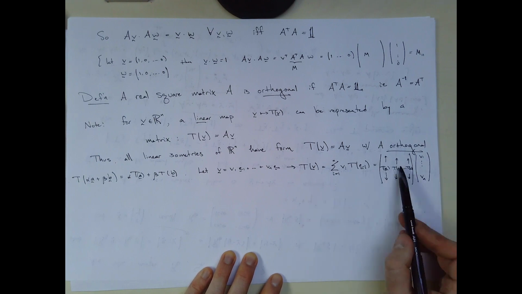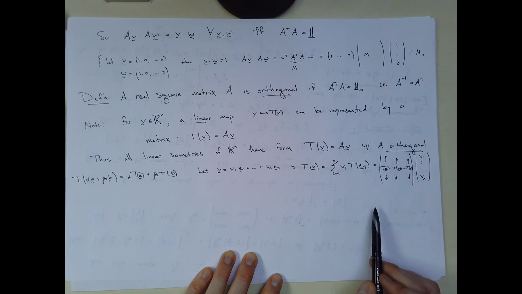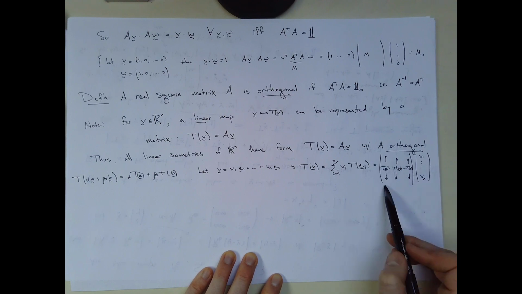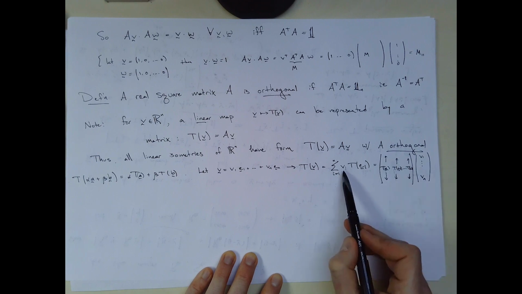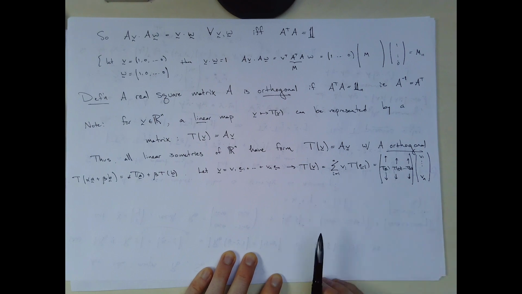If you multiply this out, you're always getting the elements of this first column multiplying V1, which is evident here in the V1 times T of E1, and so on.